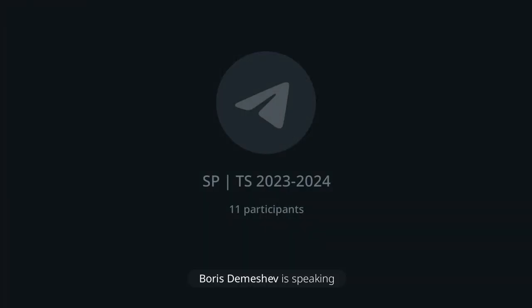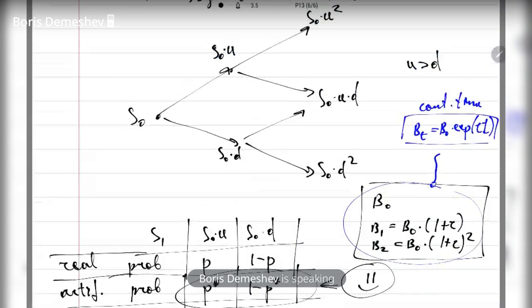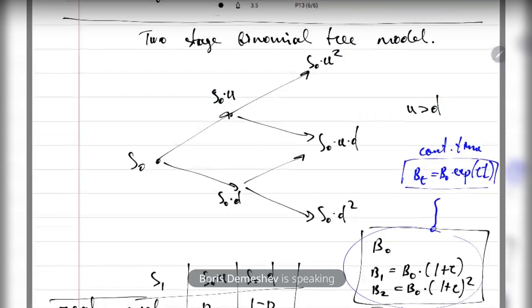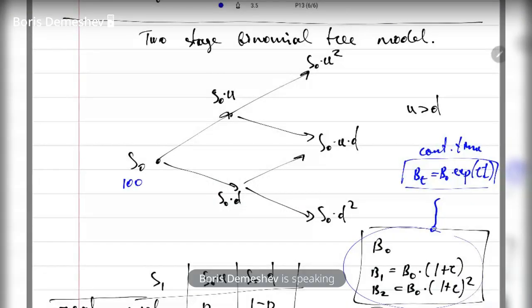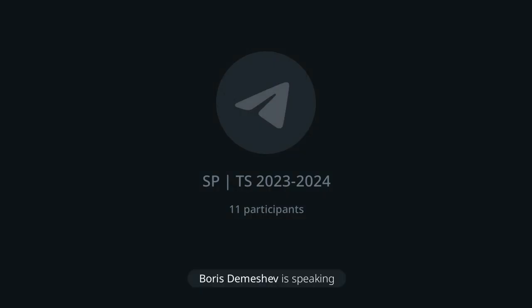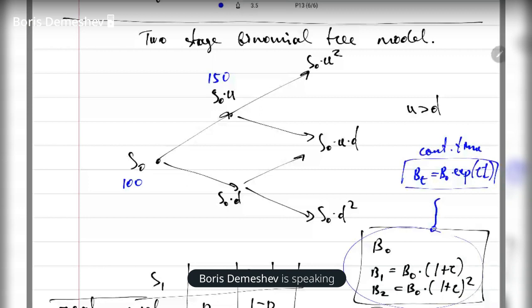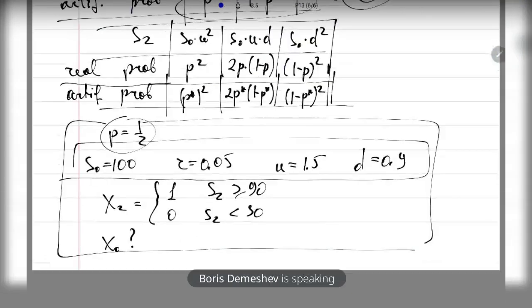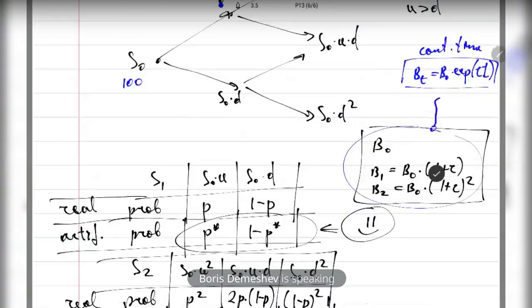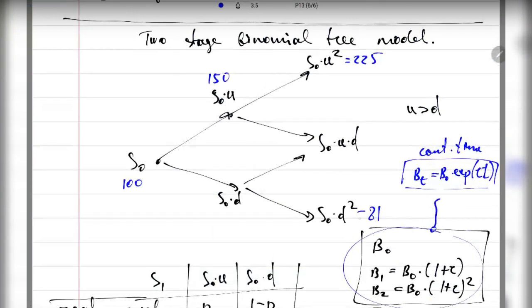Okay, now let's look at our binomial tree. Let's write all the values. This is 100. This is 150, that is 1.5 times 100. This is 225. Okay, if I multiply by D, 0.9, I will get the price here is $81.